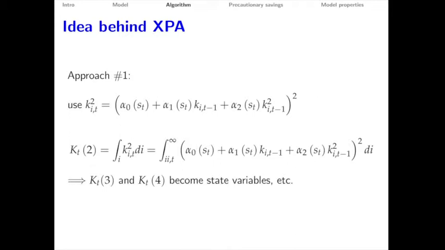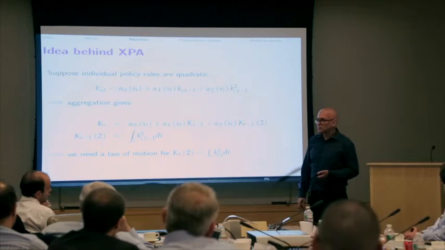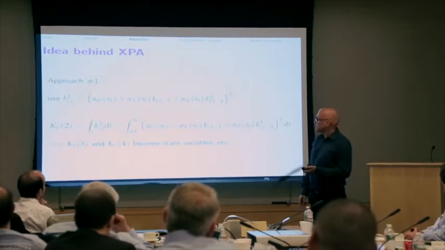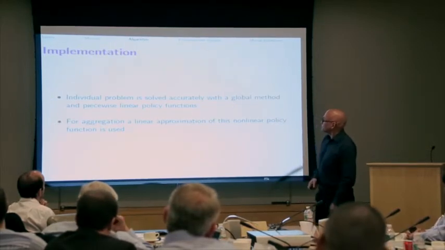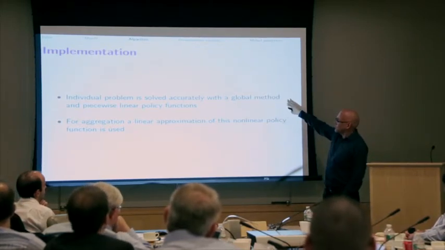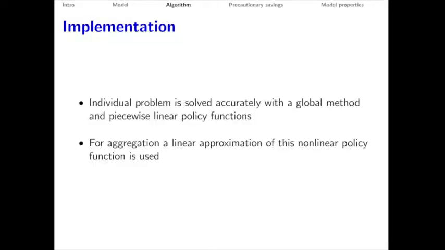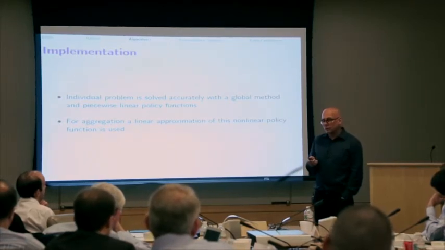So we only need this to get the aggregate laws of motion. The individual problem we calculate very carefully, we think. But when it comes to calculating the aggregate laws of motion, we do this trick of having a low order approximation of that thing. And then we get the aggregate laws of motion by explicitly aggregating those simple low order approximations to the individual policy function.